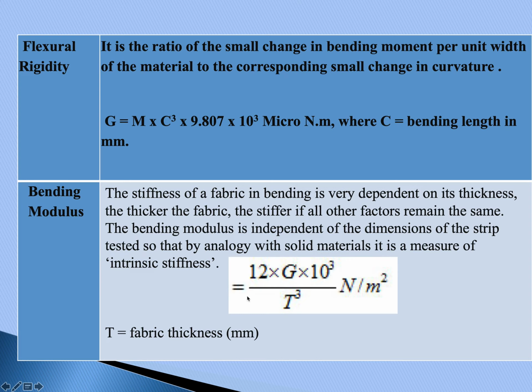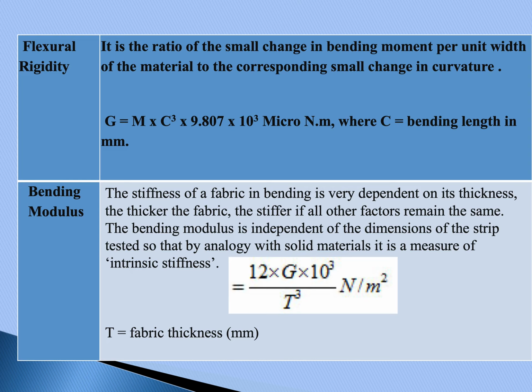So the bending modulus is given by 12 into G into 10 raised to power 3 divided by the third power of T, where T is the fabric thickness. G is representing the flexural rigidity here. So this method, which is based on the cantilever method of testing, is basically suited for woven fabrics.